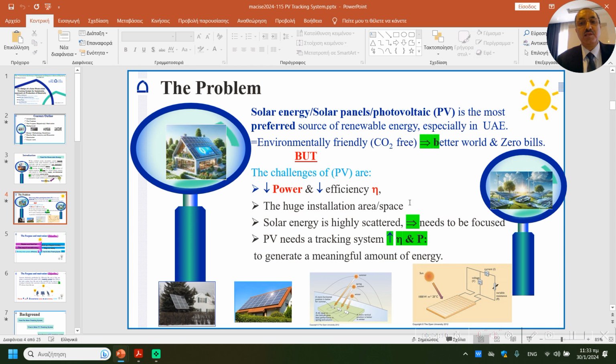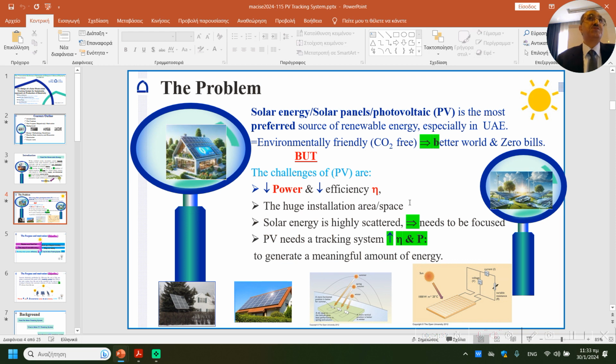The solar energy is highly scattered, not in one place. We need to focus it in a focal area in order to harness it and make it more efficient. Which means we need some technique or method for tracking the energy from the sun in order to concentrate it and give it to the solar panel.